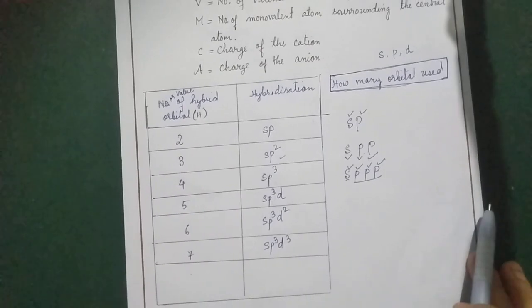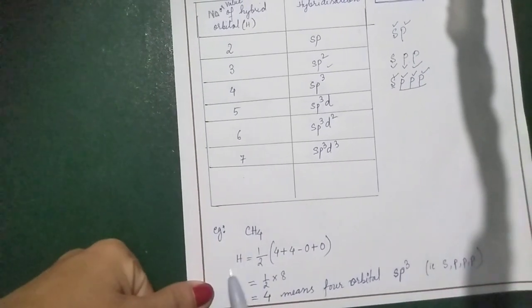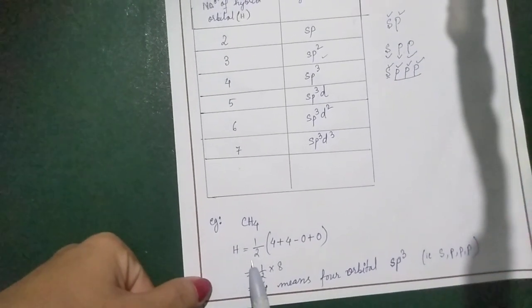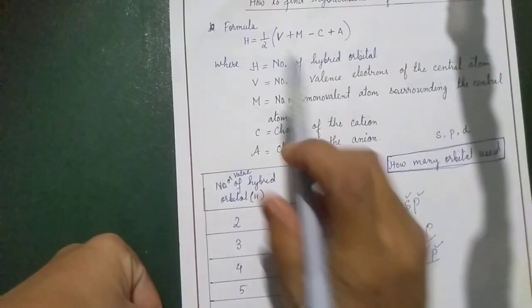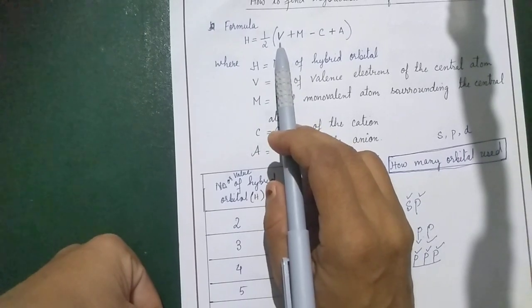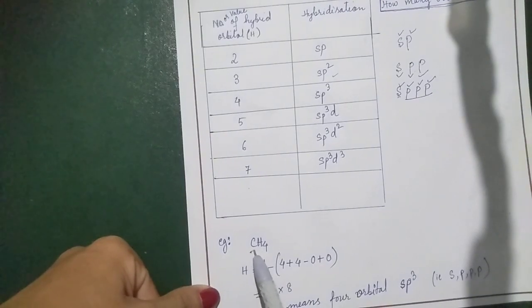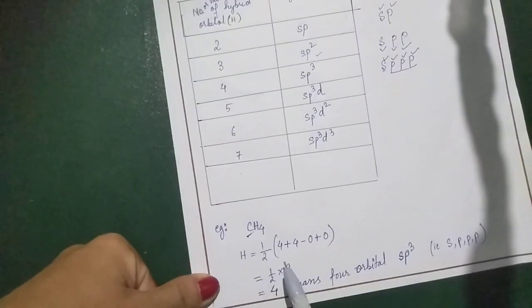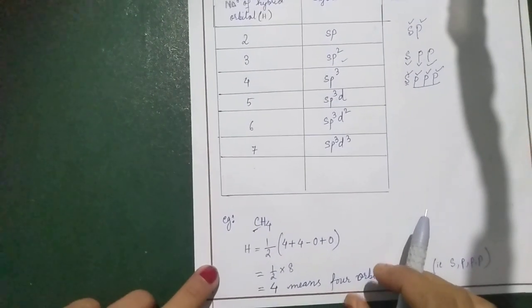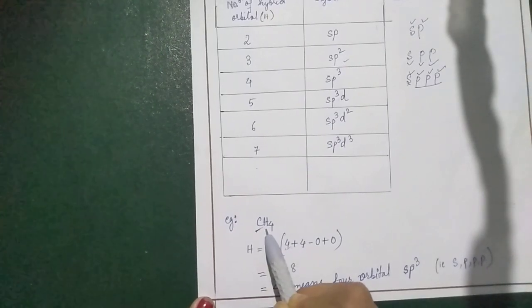Okay, now let us make it clear by taking an example. Say CH4. We are going to calculate H. What was the formula? H is equal to half, V is the number of valence electrons of the central atom. The valence electrons of carbon is 4. Plus M, the number of surrounding monovalent atoms.